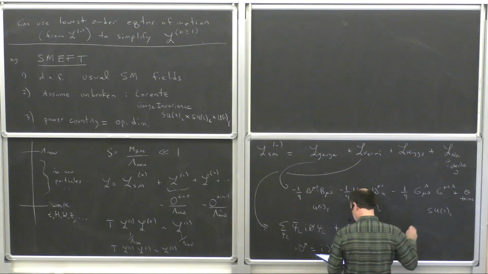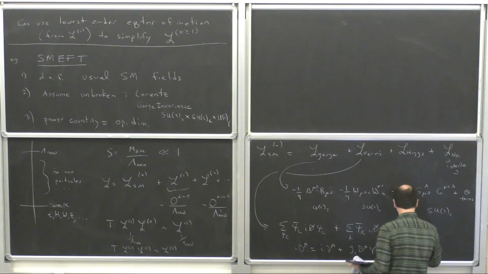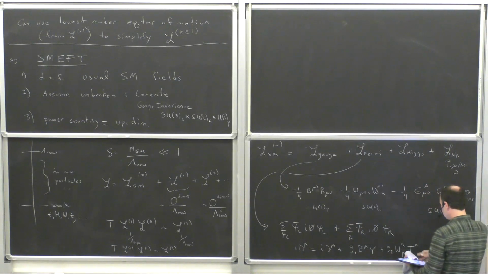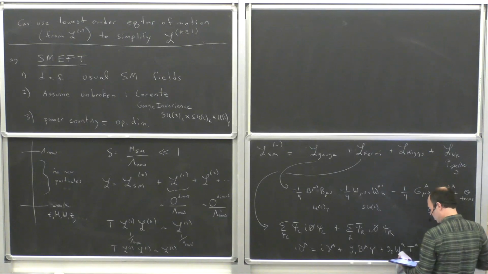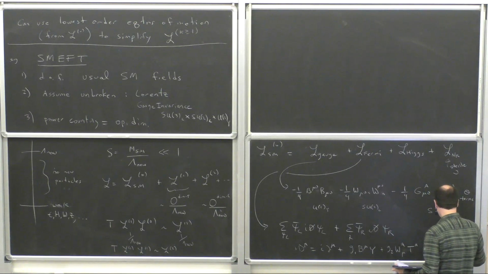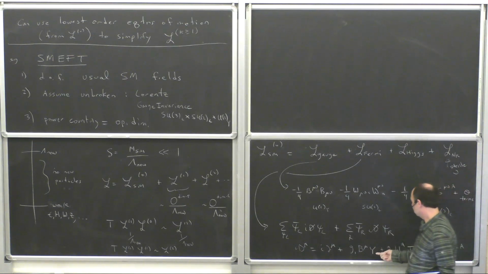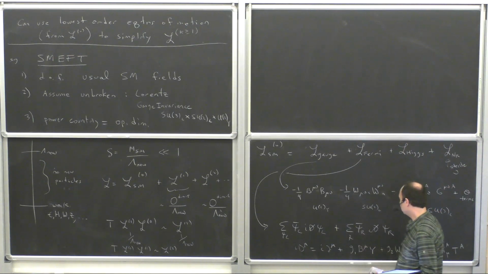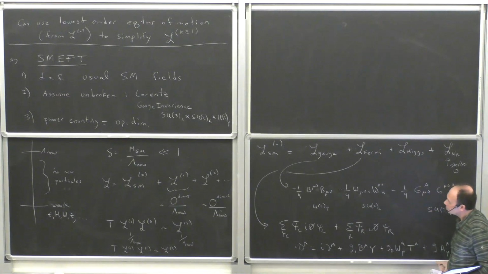There's a g2 term with the W's, which has some generator that's in SU2, and then there's a term that I just called g for the strong coupling and the gluons, and some generator in SU3. And these things act differently, in particular these two act differently on the left and right, and so that's why I separated it like this.